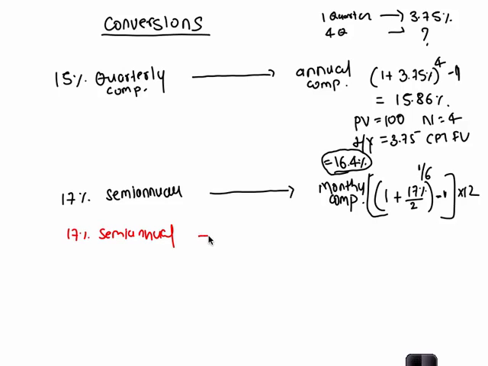So can you convert this to annual rate? So let's convert this to annual rate using time value of money. So now you say 100 present value, 8.5 is your IY, 2 would be your N, compute future value.